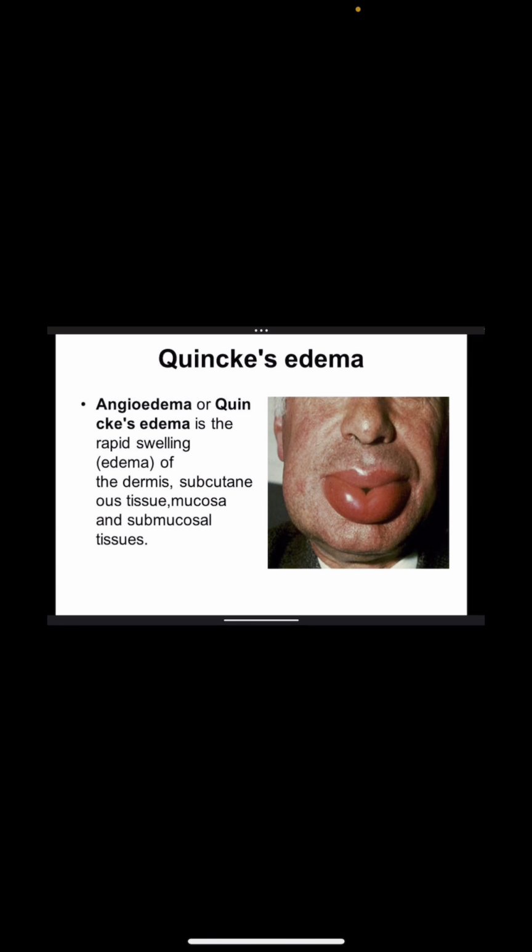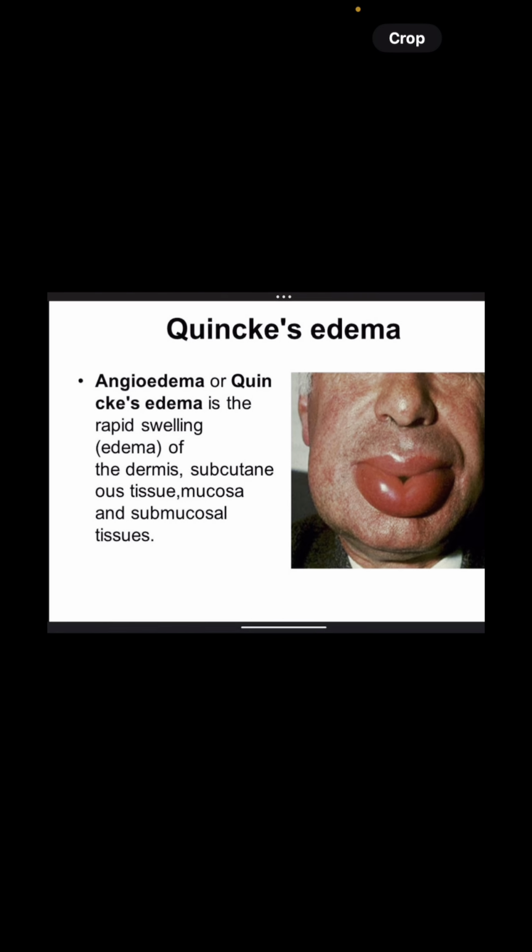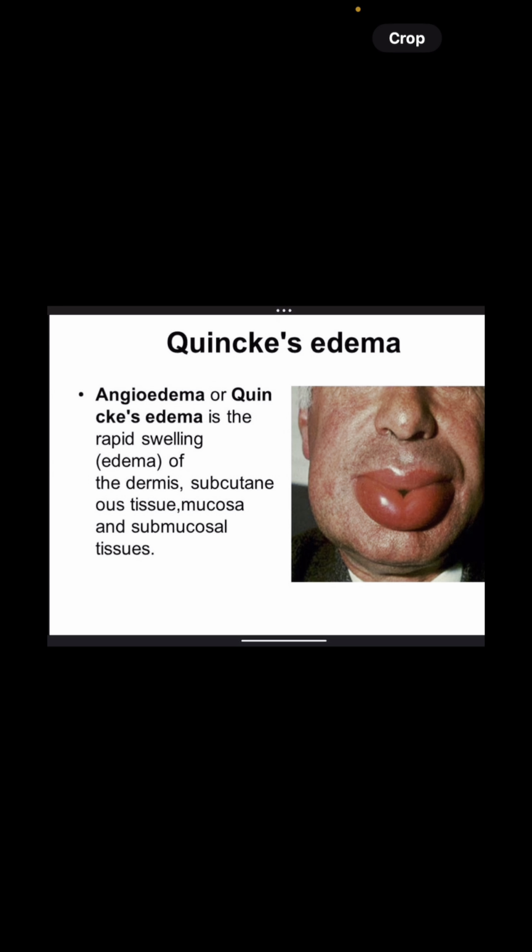Next is a picture showing Quincke's edema. In the KROK question about Quincke's edema or angioedema, the question states a 6-year-old girl drank some fizzy drink and she has a feeling of pressure in the throat. Her lips got swollen.